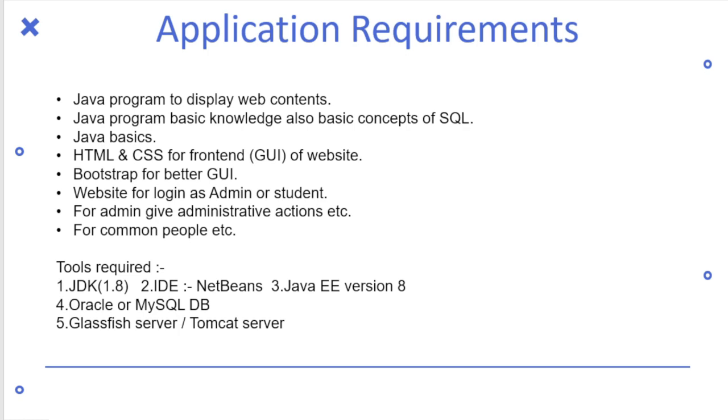Basically I'm not going to write the total Java program here. For that purpose I'm going to create a connection, and I'm going to write just one pure Java code here.